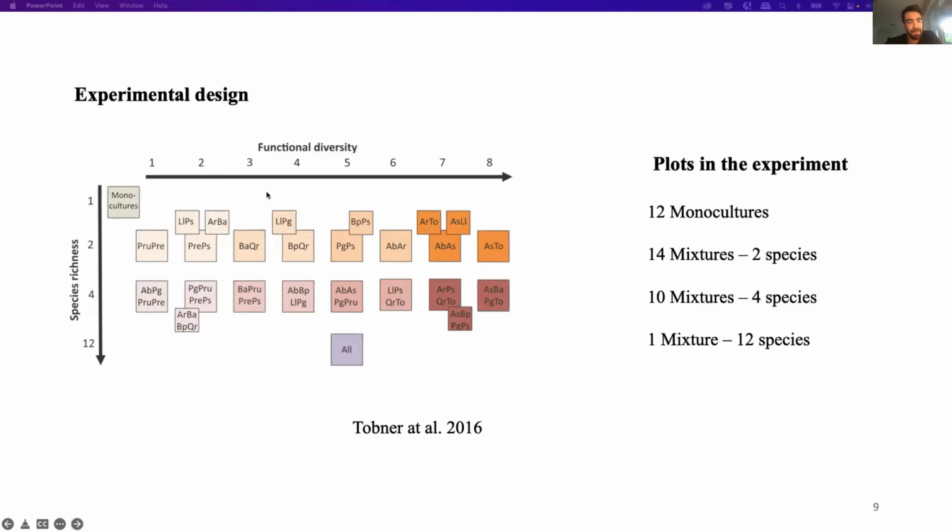So basically what we do in this kind of experiment is compare the performance, or productivity in this case, of every mixture against the respective monocultures. In this way, we are able to empirically quantify the net diversity effects and also the underlying mechanisms, complementarity and selection.